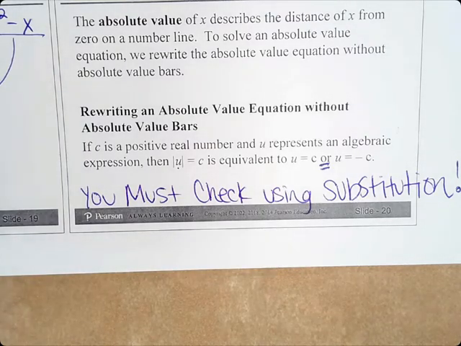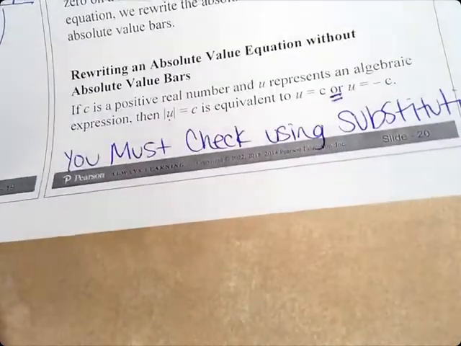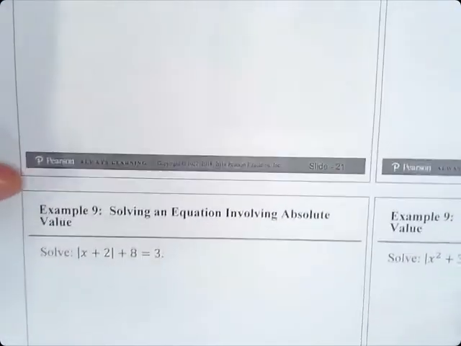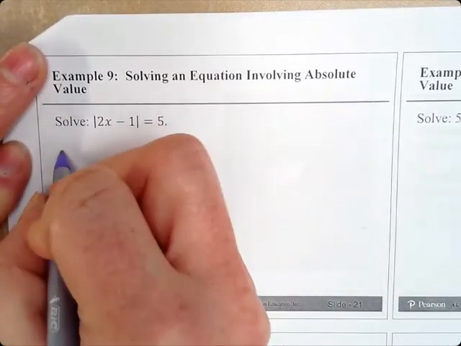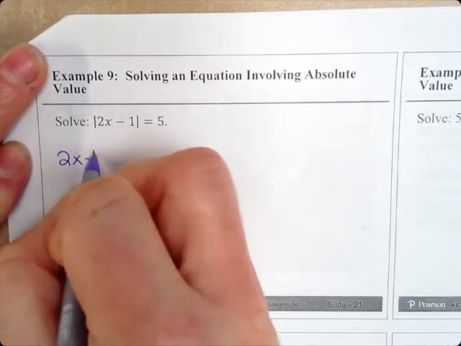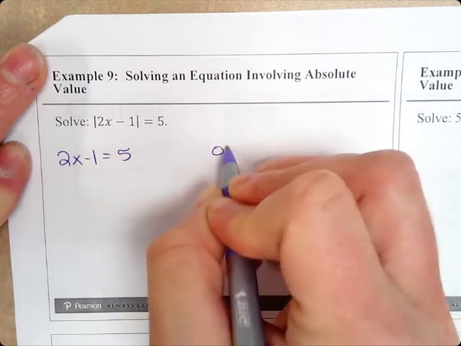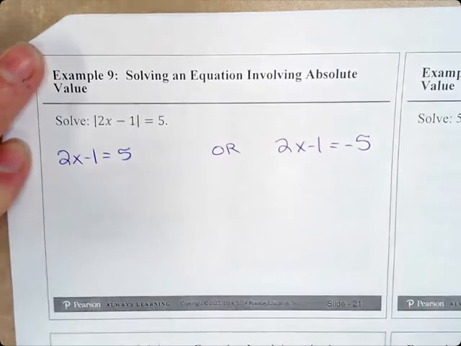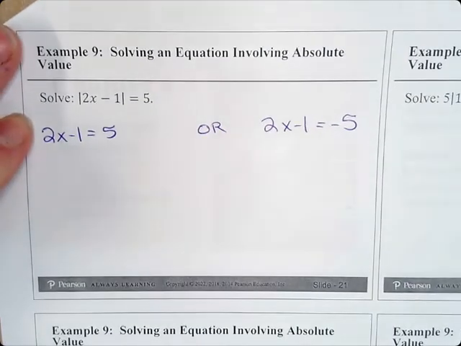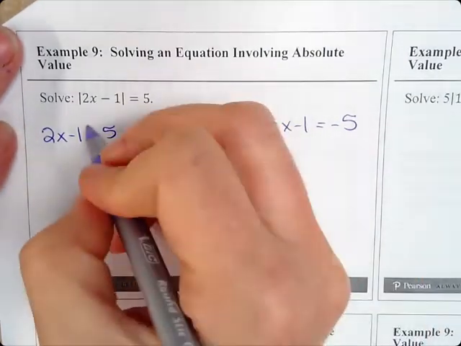All right, so we have some examples to work through. So we will write 2x minus 1 equals 5 or 2x minus 1 equals negative 5 from the absolute value equation.